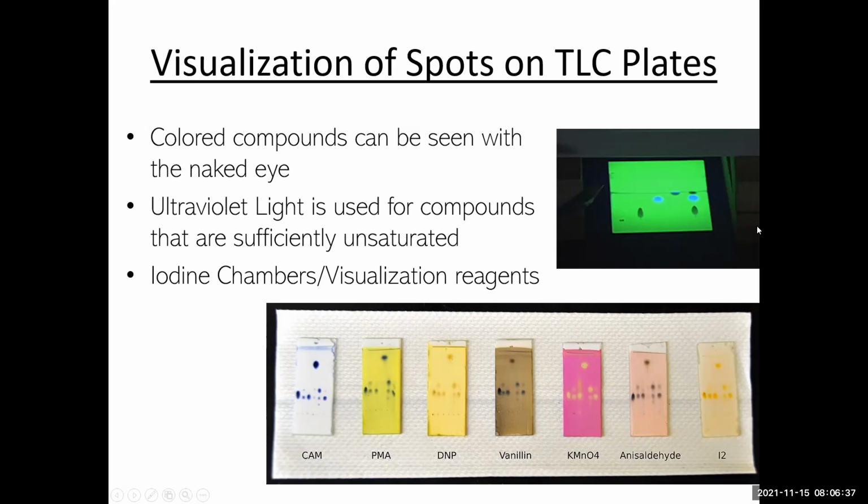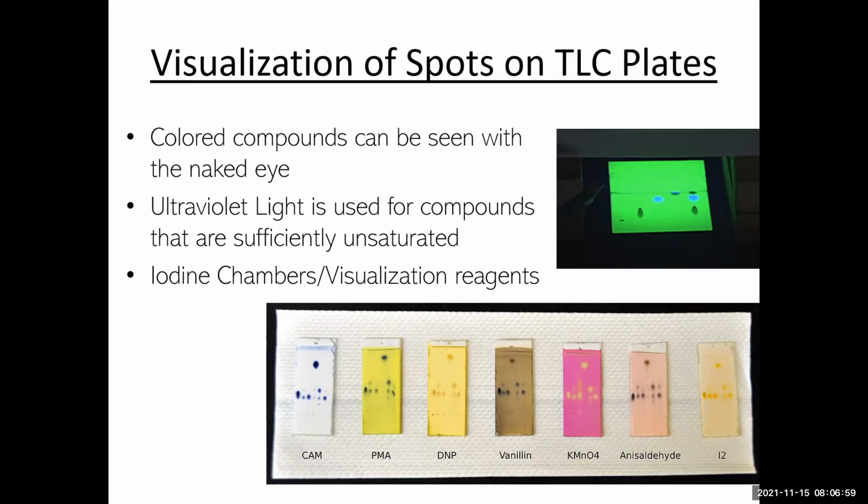If the compound doesn't have sufficient unsaturation, then you might need to use a different method for visualizing the spots. Another common way is to use what we call an iodine chamber. An iodine chamber is just solid iodine inside of a container.